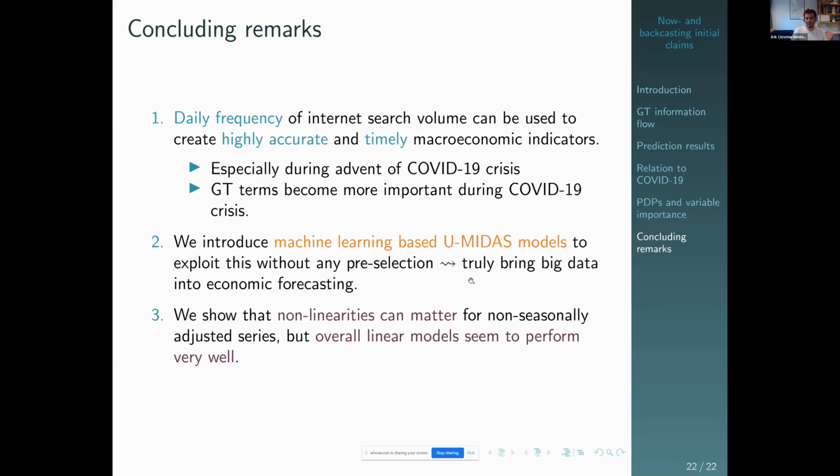I think we like to claim that we have big data in macro, but once you get beyond these 700 predictors, then we really are talking about big data, at least from a macroeconomic perspective. And then we show that nonlinearities matter for non-seasonally adjusted series, but overall linear models seem to perform pretty well. Thank you.